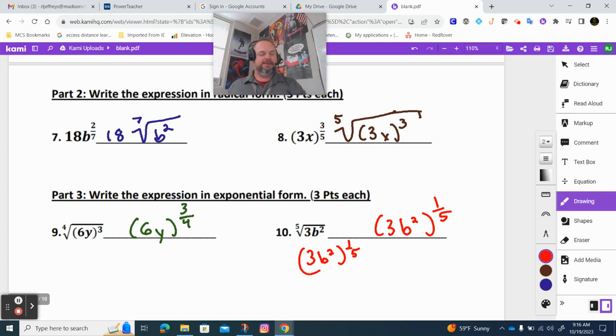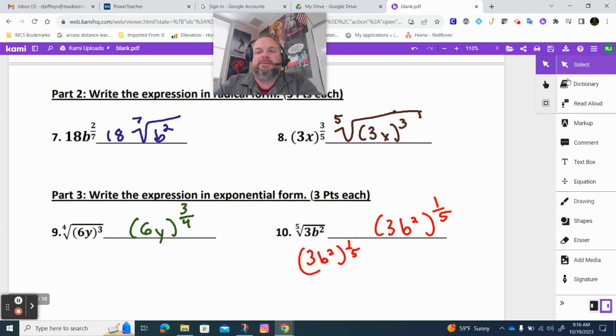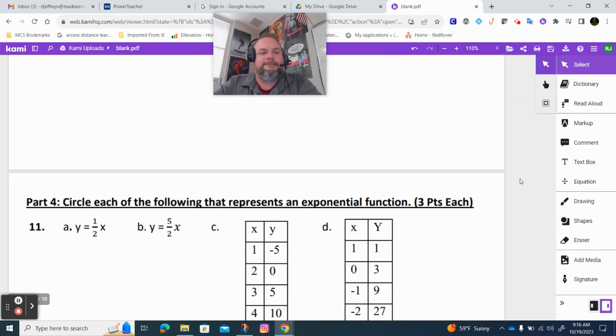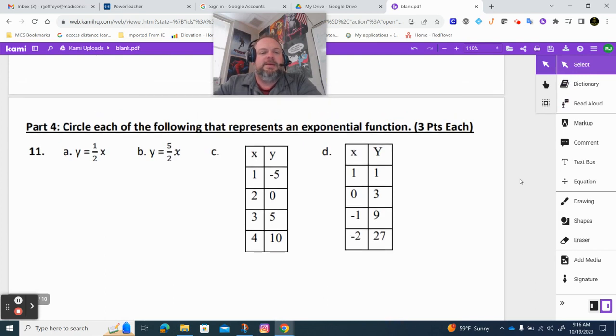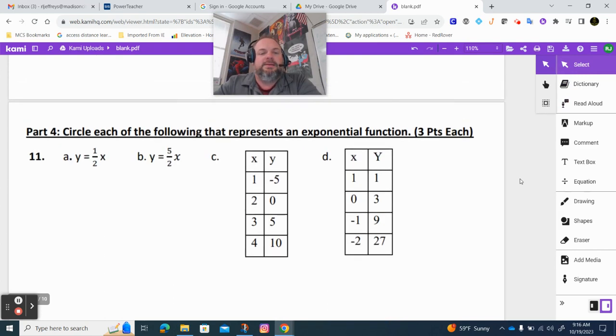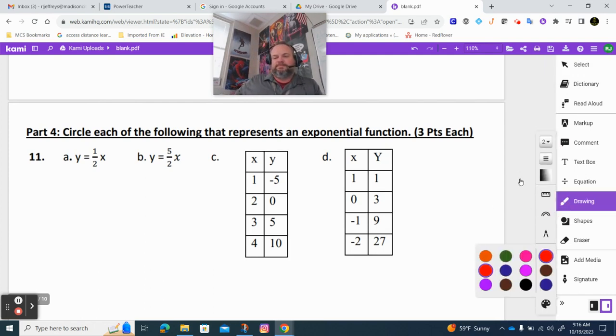Yeah. All right. So 7 through 10. Write it down, do it again. All right. So this is not raised to any power, so that's not it.